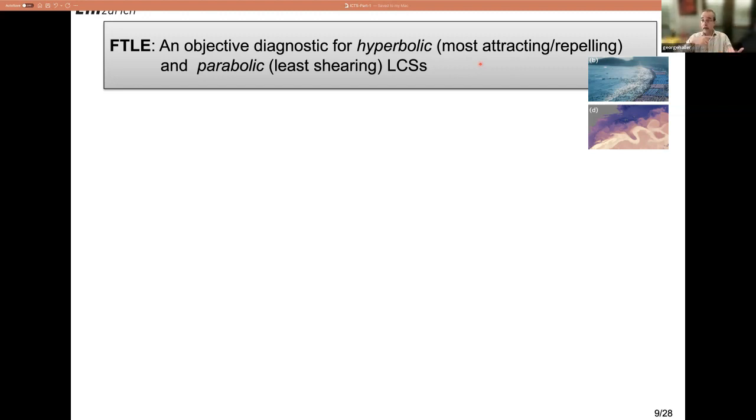So either attracting or repelling, and FTLE is good for the detection of these. But it also turns out that it's also good for the detection of parabolic LCSs. And the way you could devise a variational principle to describe parabolic LCSs is their least shearing.